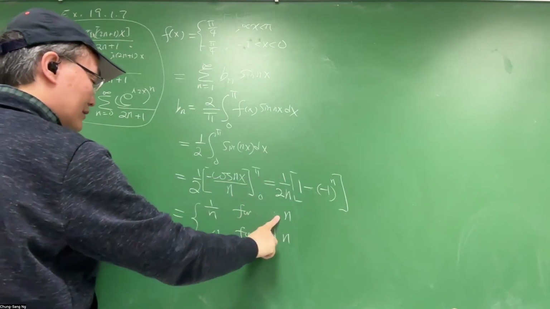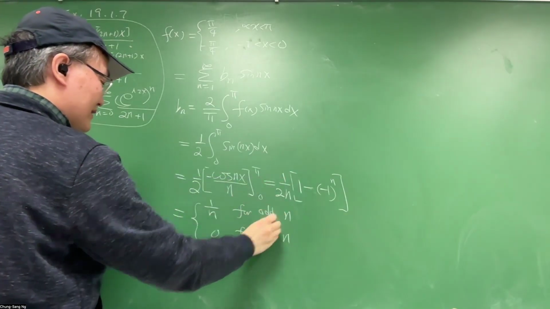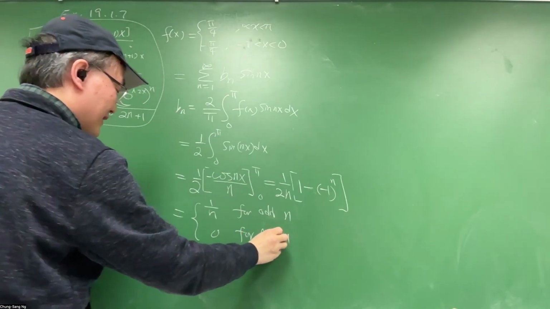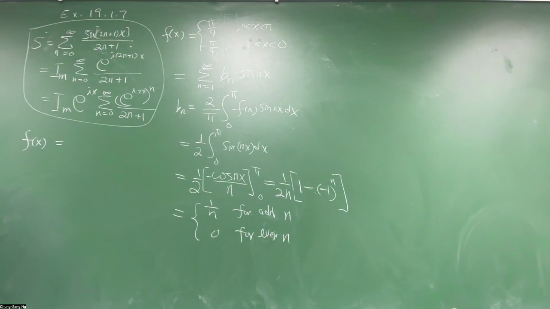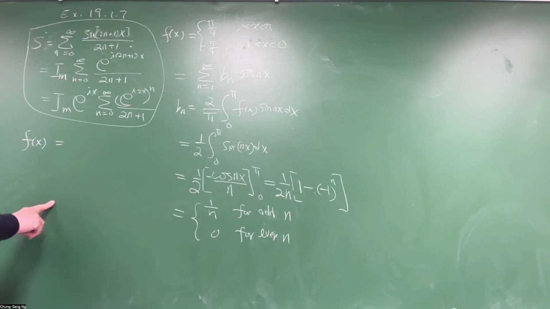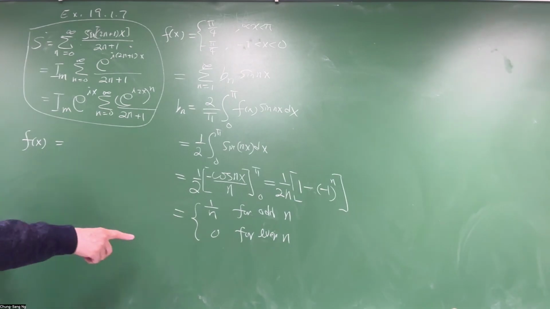And this is odd. And even is 0. Okay. So this kind of saves some writing. I mean, you do it line by line, I mean, less likely to make error.